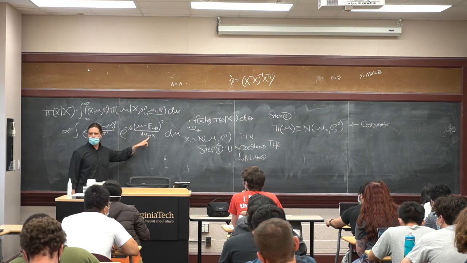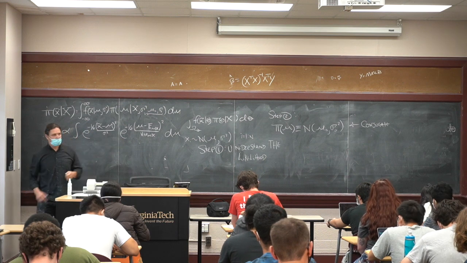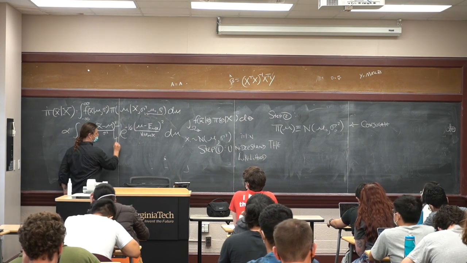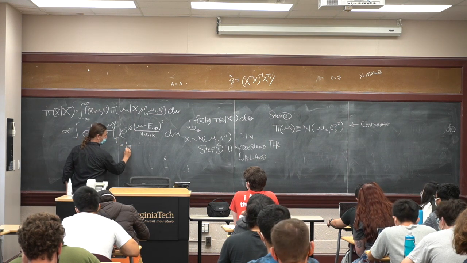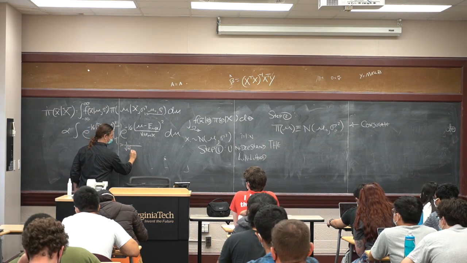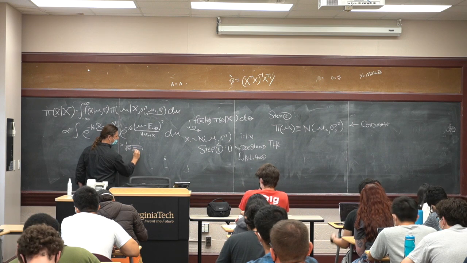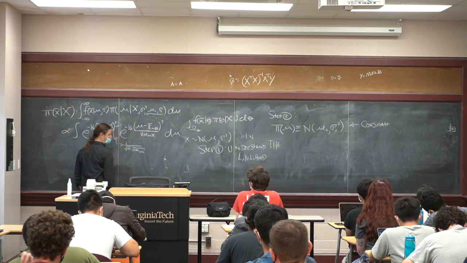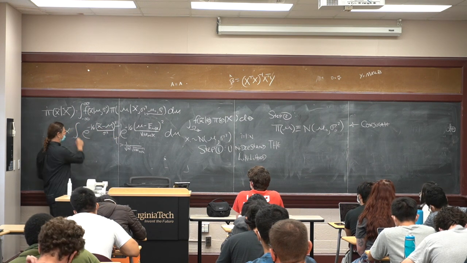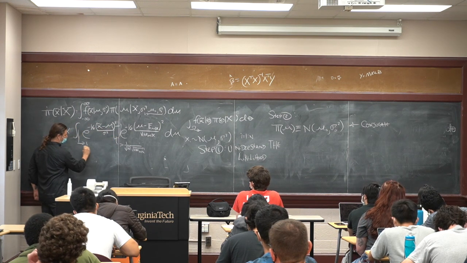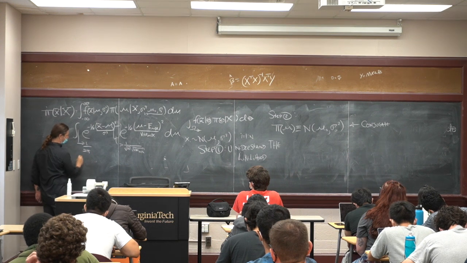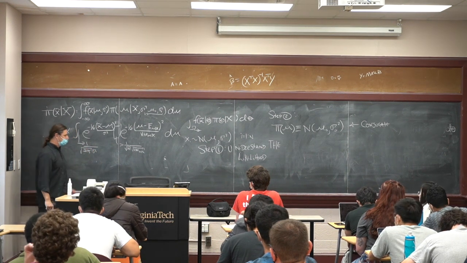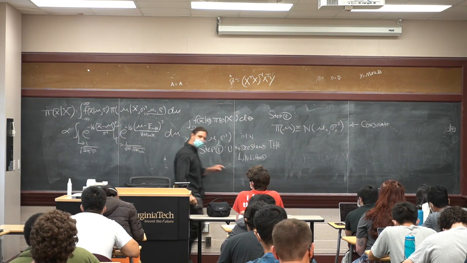Might have something to do with mu. Maybe it does, maybe it doesn't. Usually there's a square root of 2 pi, and then I'm going to put the square root of the variance of mu given x right here. This one is just 2 pi square root sigma. Do I need this term right there?